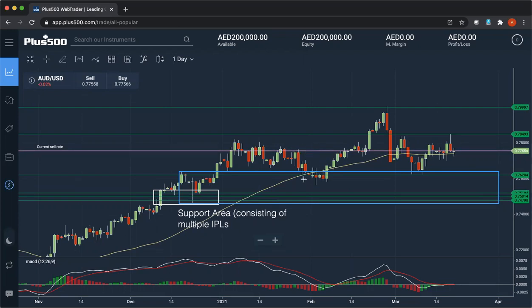You can see how the price breaks above, comes back, touching the daily order block in conjunction with 0.76 and 0.76200, because as I said, this is acting as a support area.